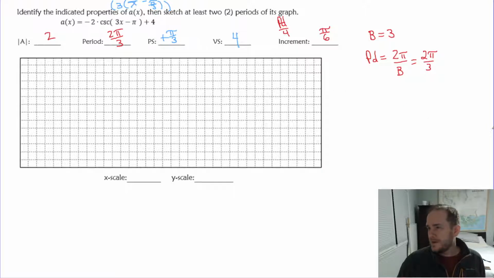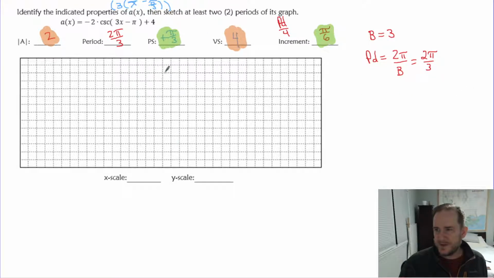All right. Now we said we were going to have to come up with some scales, and we're basing our x scale, as always, on the phase shift and the increment. We're always going to base our vertical scale on the vertical shift and the a value. So that said, we need to pick a scale that works well for a pi over 3 phase shift and a pi over 6 increment.